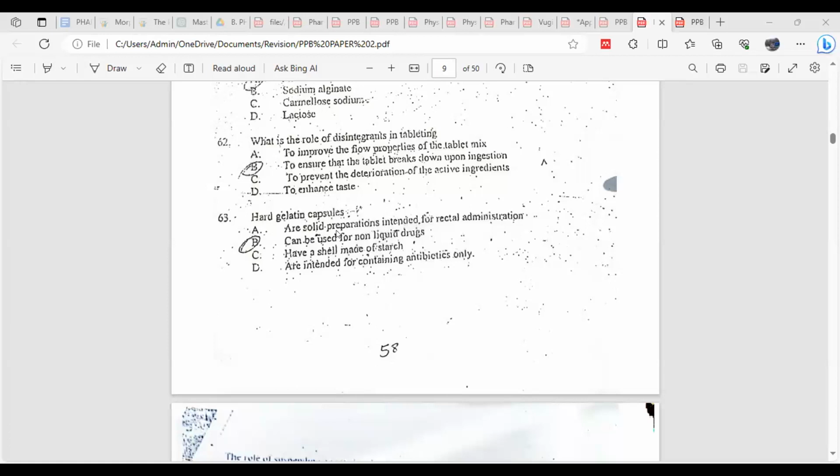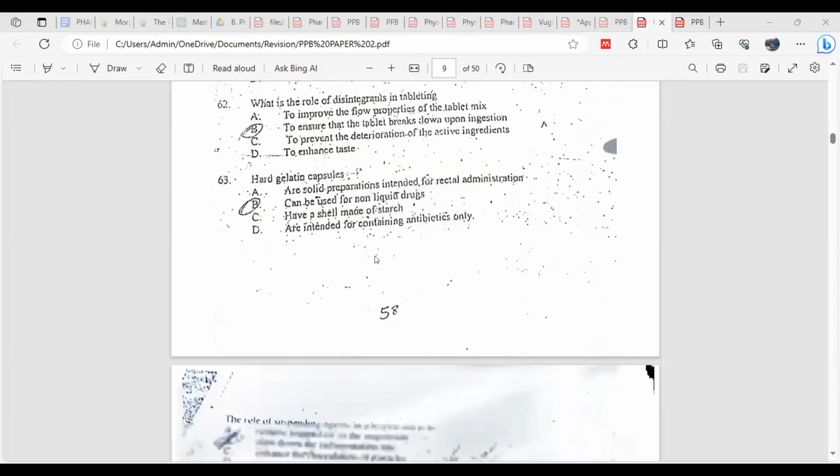The soft ones are like omega-3 capsules. Yes, those soft ones. But I think it's B, because the soft ones are the liquid ones.